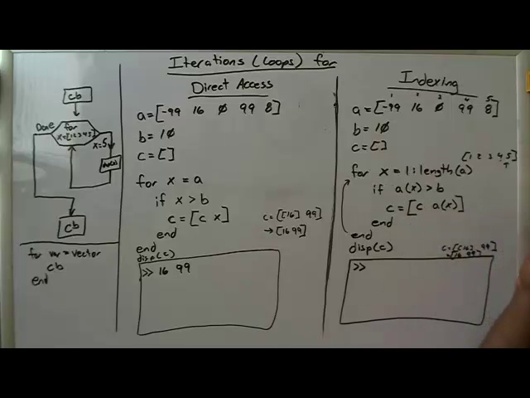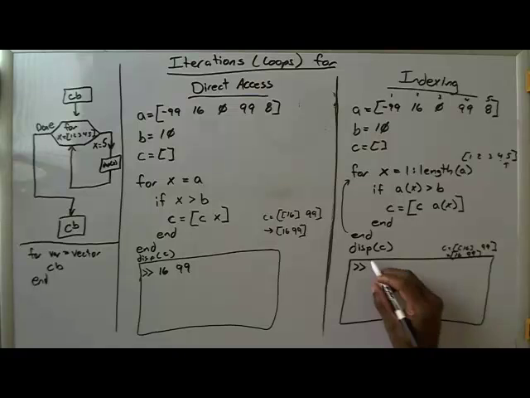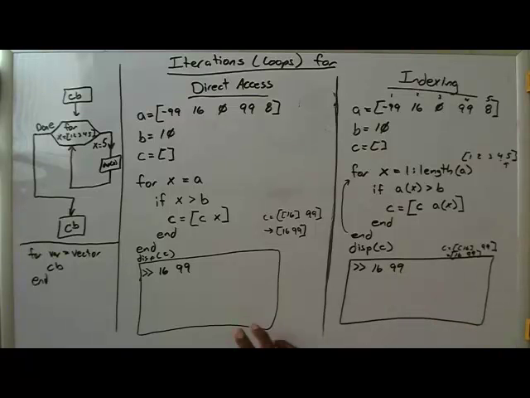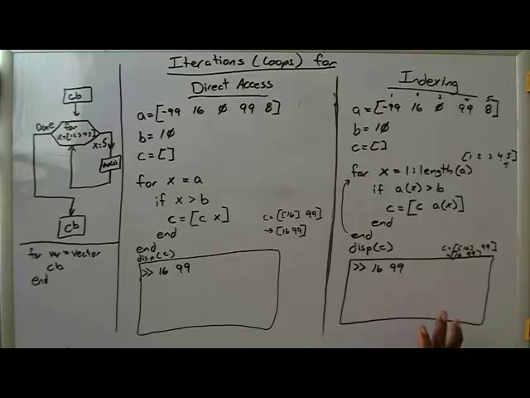So you exit that and you come down here and you display C, which is 16 and 99. Okay? So those are two examples, the counting example and then this sort of cutoff comparison example. These are two examples of both the direct access method and the indexing styles of how you use the for loop.